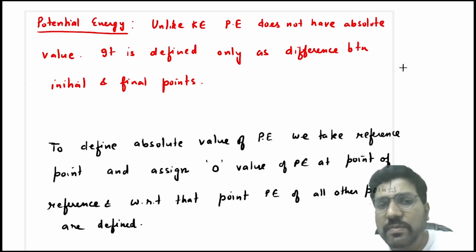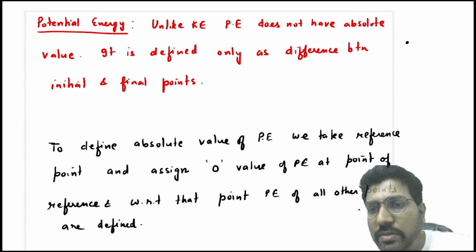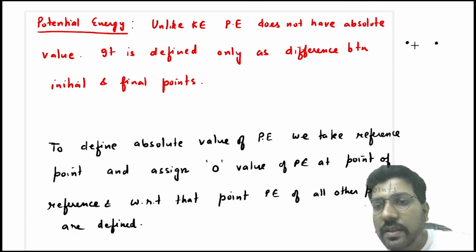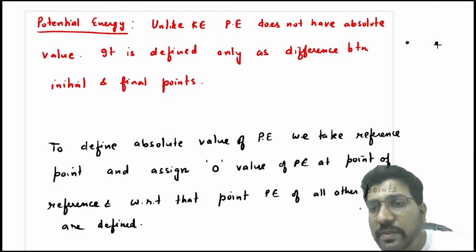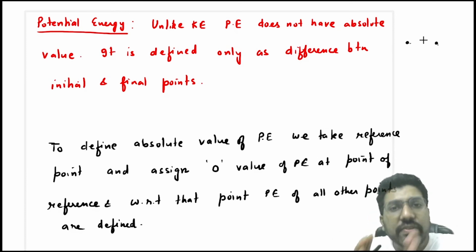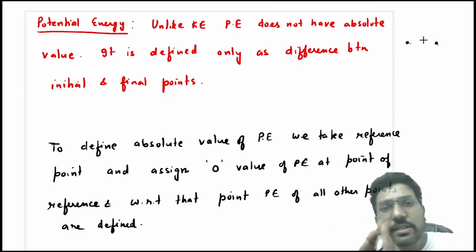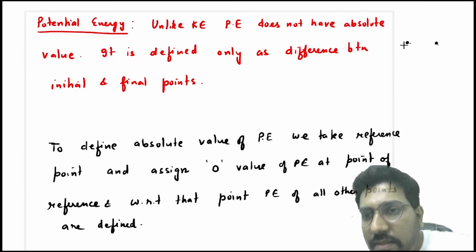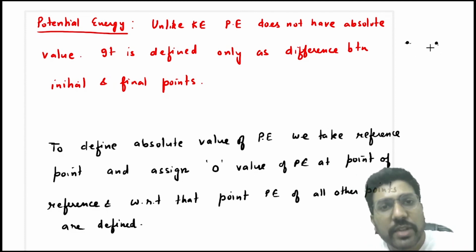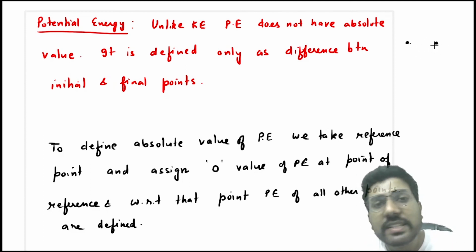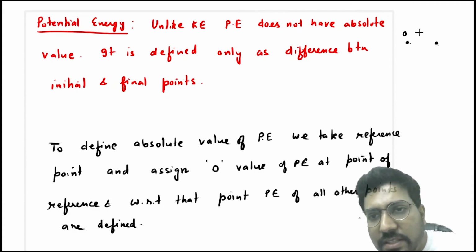So what I mean to say here is, suppose we consider the potential energy difference between these 2 points. The potential energy difference in a system is fixed, but there is no absolute value. If the potential energy difference between these 2 points is 10 joule, then if this is 0, this has to be 10.